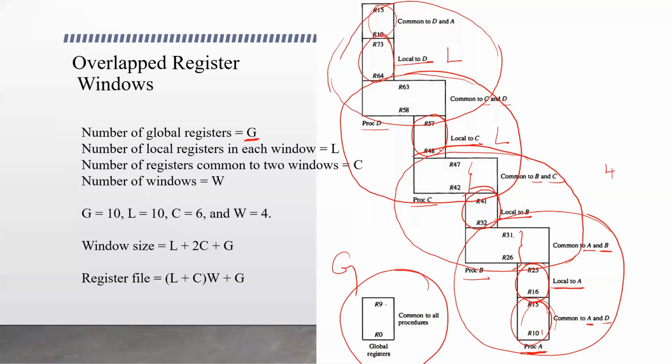There are 4 sets of local registers for 4 procedures.